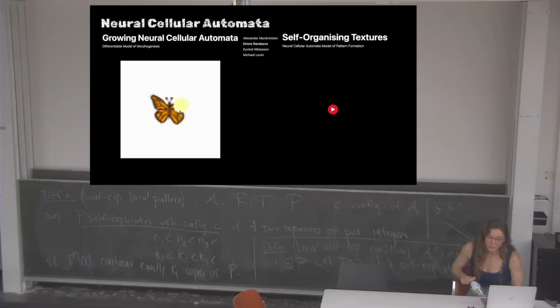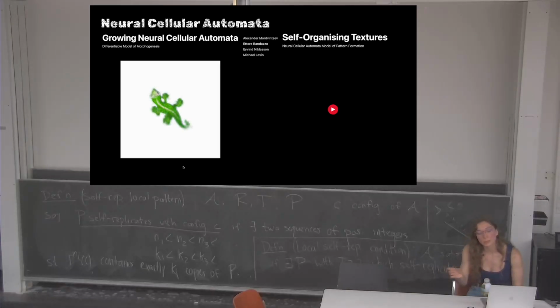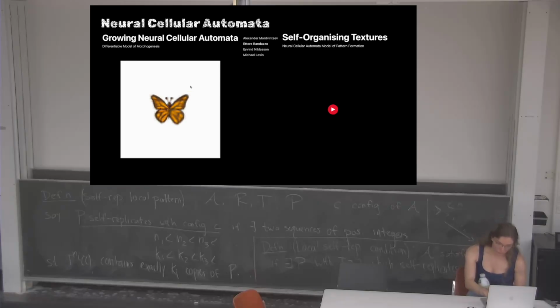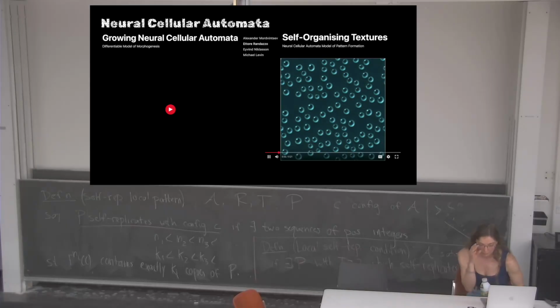So here, for instance, in the gecko case, what you see is one particular neural cellular automaton trained not only to grow the gecko from a particular initial seed, but also for the gecko to maintain its shape. And you can do many more. You can choose different target values, for instance, patterns.